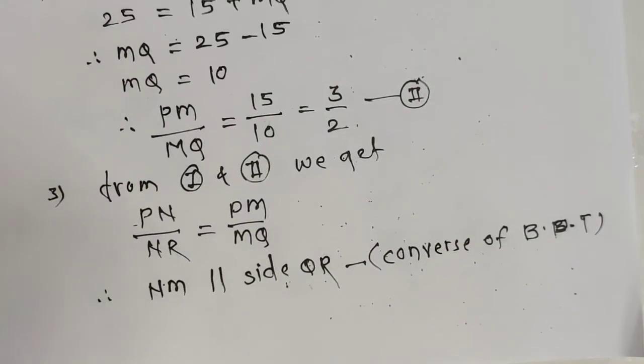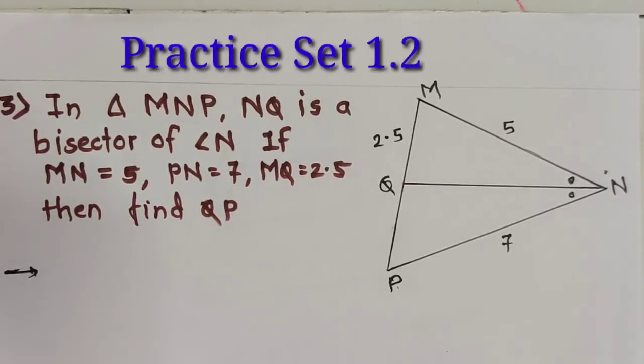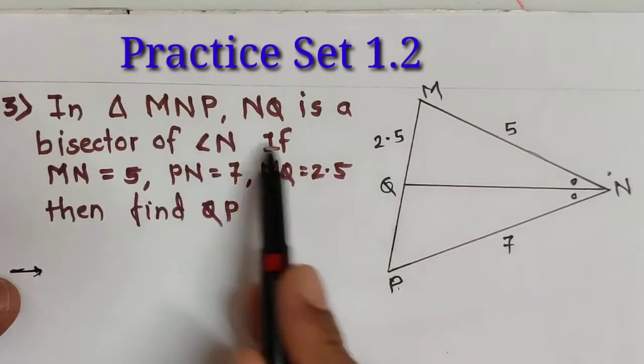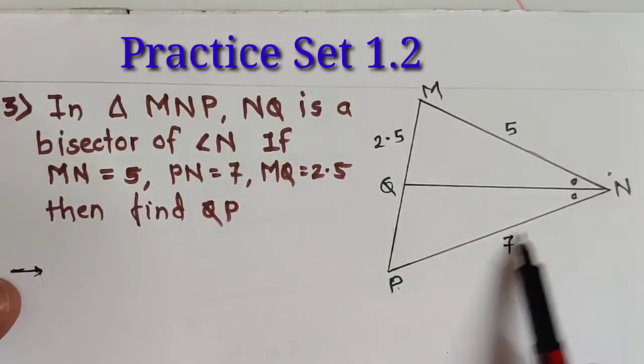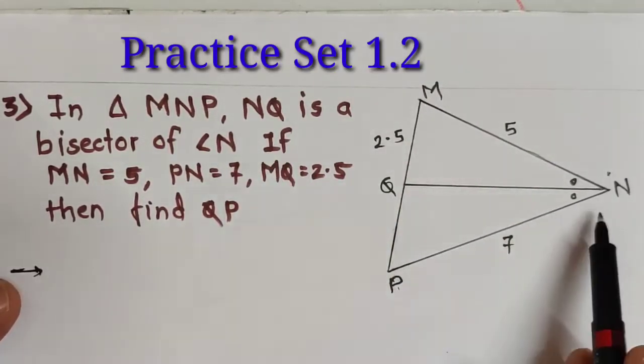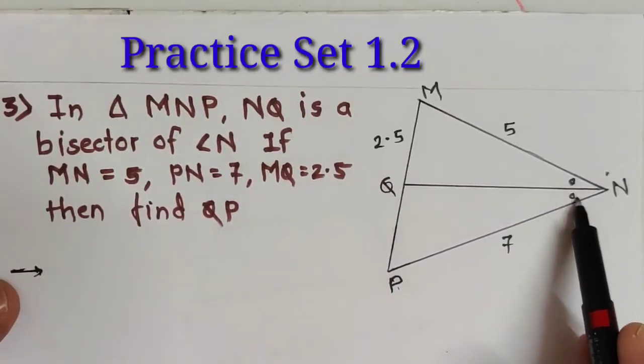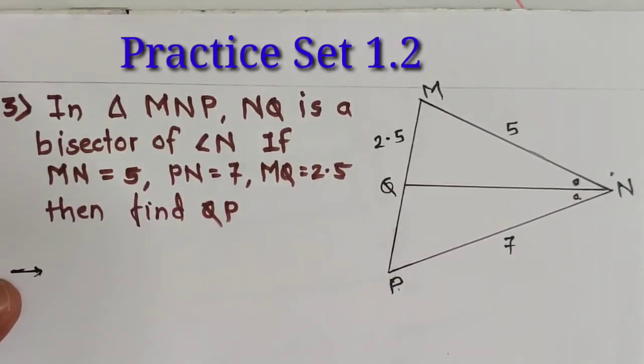So in this way we can check whether the given line is parallel to the given side. So this is the second sum. Now let us see the third sum. In this third sum, what is given? In triangle MNP, NQ is a bisector of angle N. Whenever a bisector is given, we have to use the angle bisector property of a triangle.